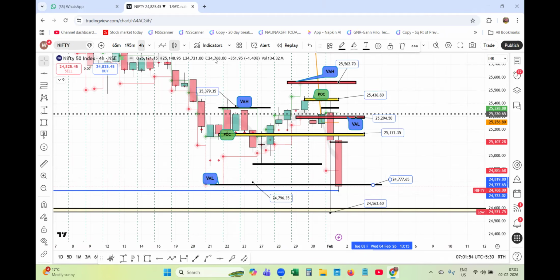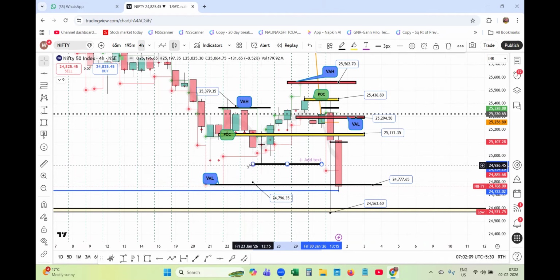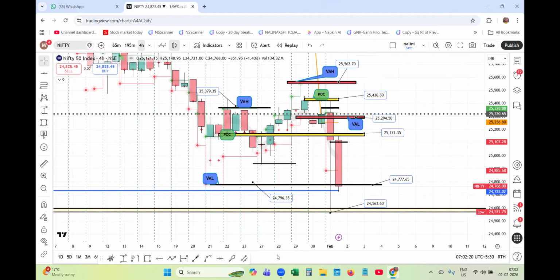The record close was 24,768, and this is the point of value area low. Since it is an imbalance candle, this is the range, actually the range it has broken. Don't confuse this range with the value area low. Let me remove this.